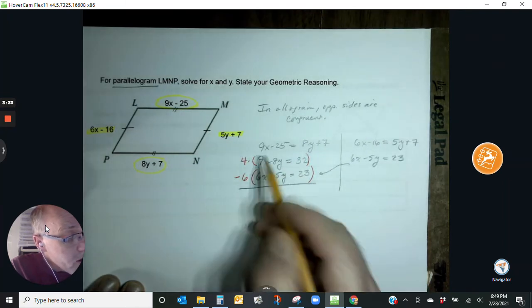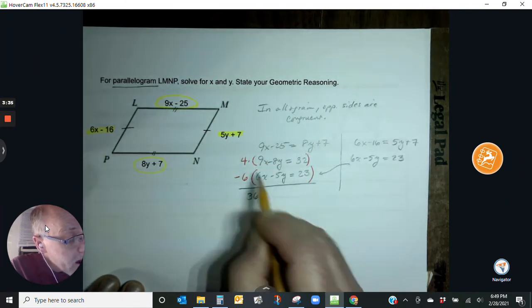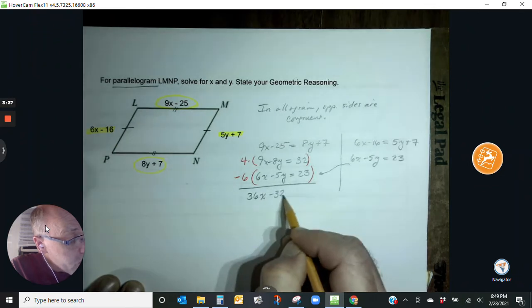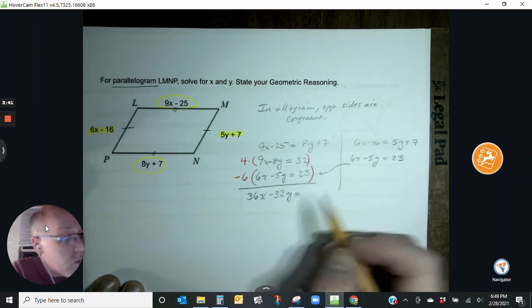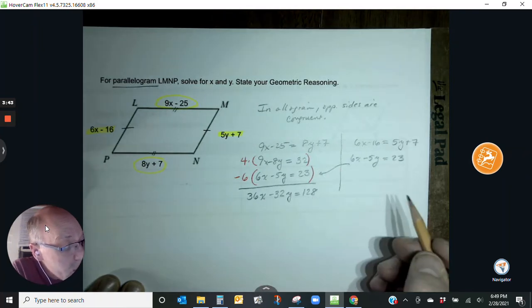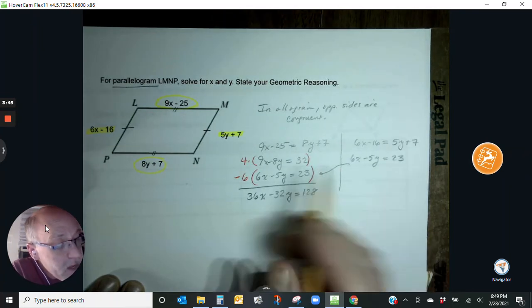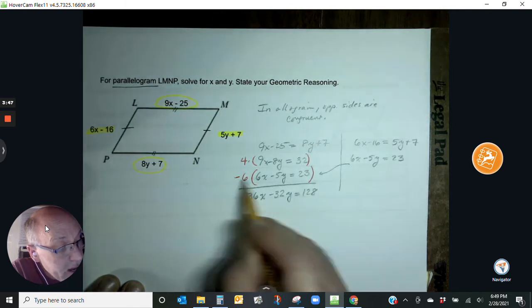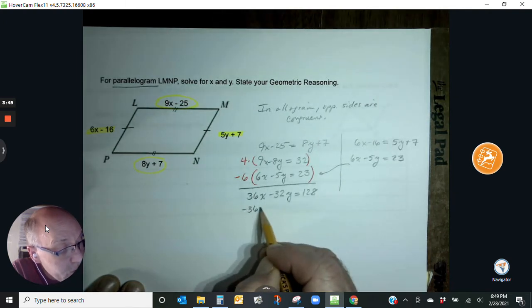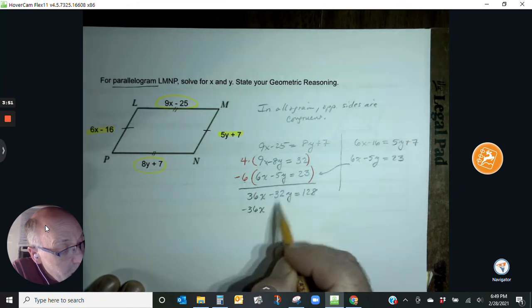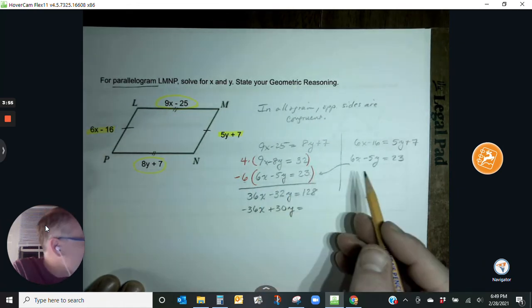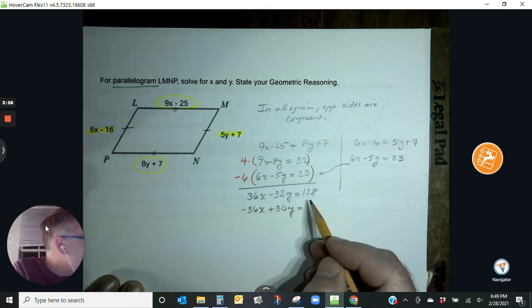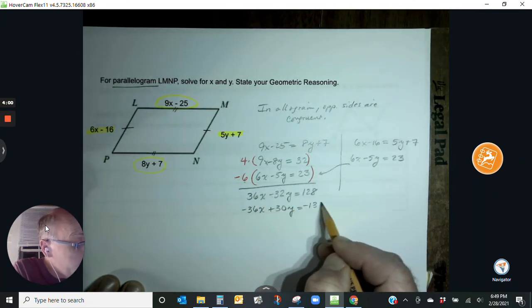So distributing, this becomes 36x minus 32y is equal to 4 times 32, which is 128. The bottom, careful, we're multiplying by negative 6, so it becomes negative 36x plus 30y equals, and that's going to be a negative number, negative 138.